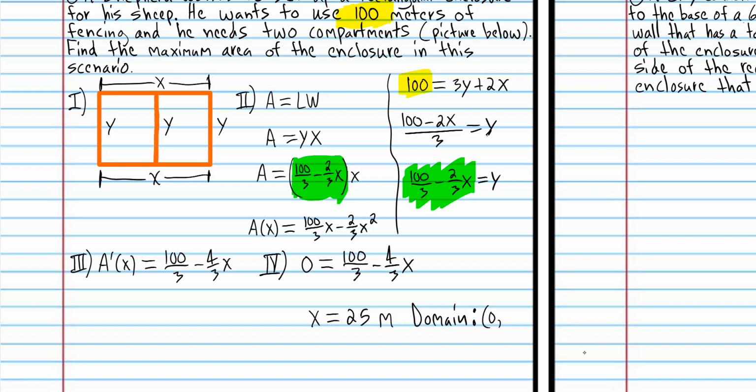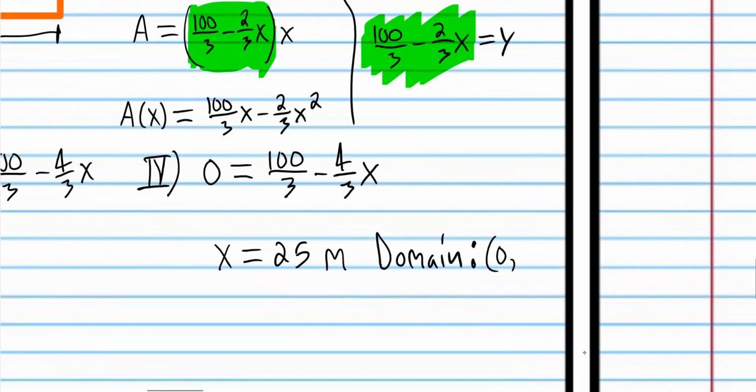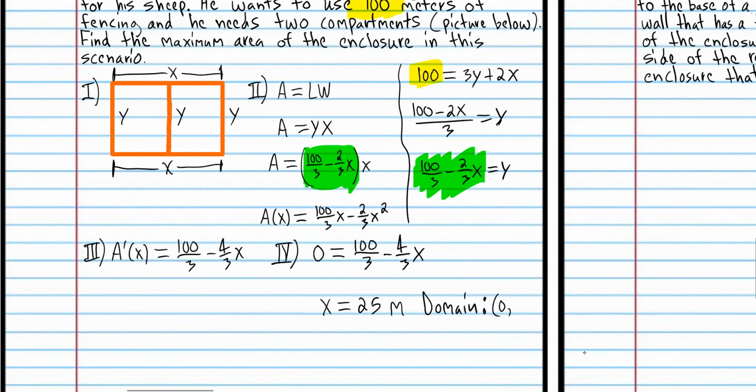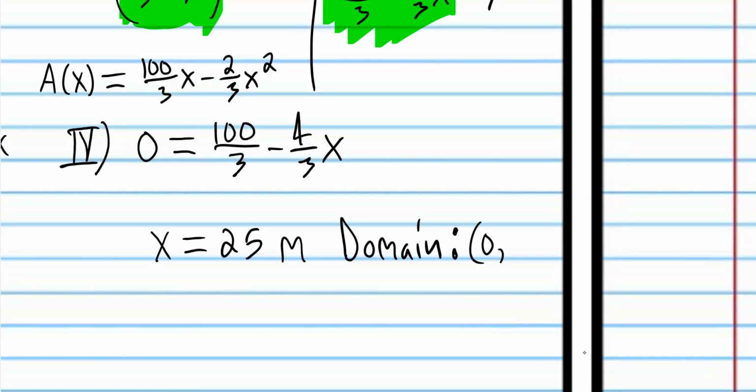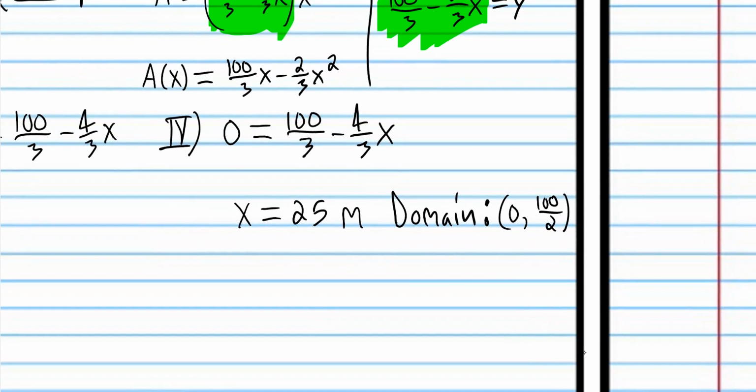So that's why a lot of students just don't even think about the domain. So we could write that as 100 divided by 2. So the domain of the function is (0, 50).